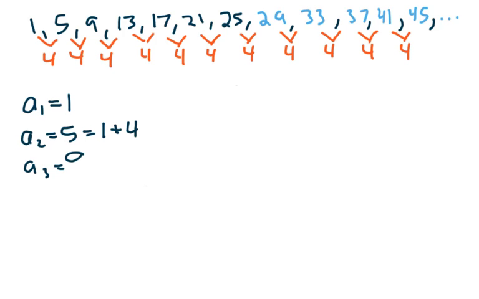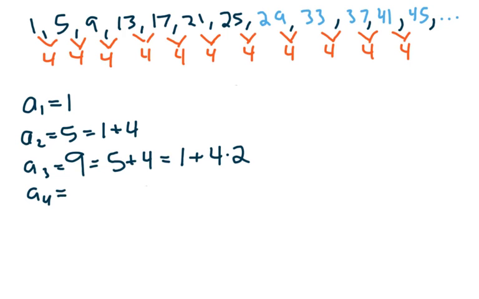A sub 3 is 9. That's our third term. Now we know that the difference between these two numbers is also 4. So I can say that 9 is 5 plus 4, but I also know that if I start from 1, I have to add 4 and then another 4 to get from 1 to 5 and 5 to 9. So this is really like taking 1 as the starting place and adding 2 4s.